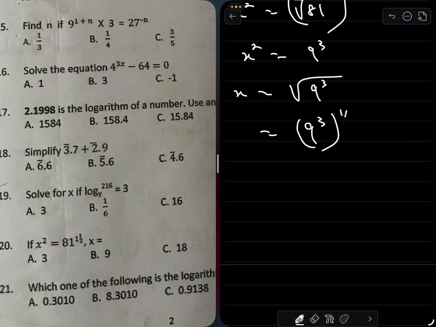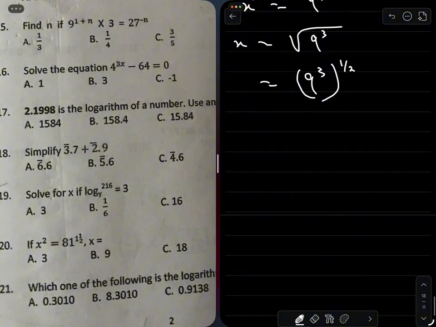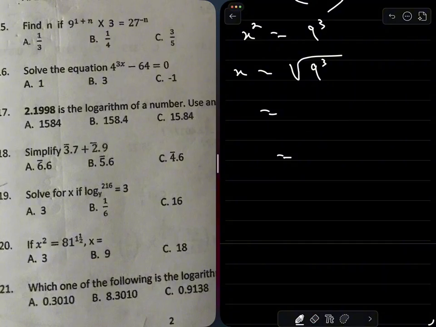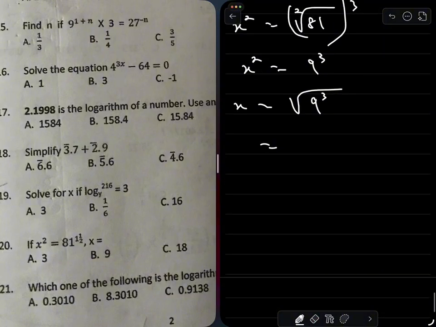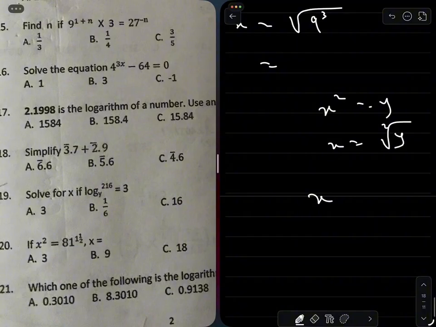If x square is equal to y, x will be the square root of y. If x cube is equal to w, x will be the cube root of w.